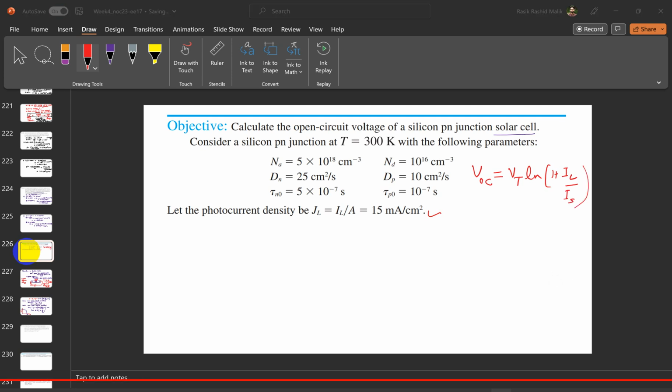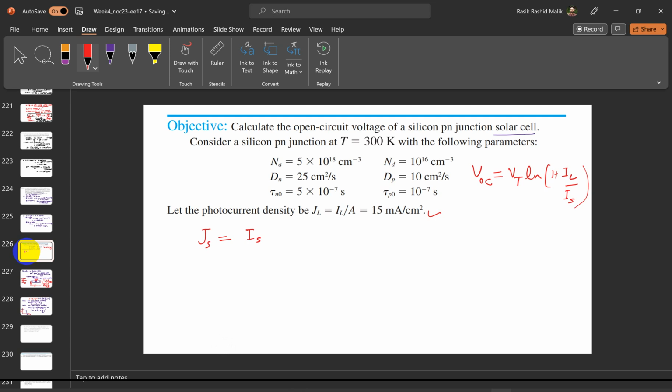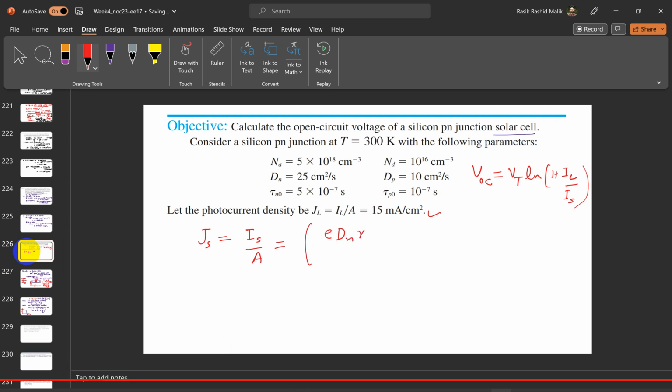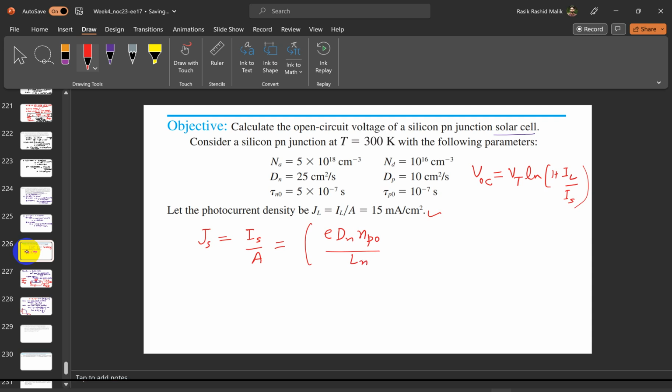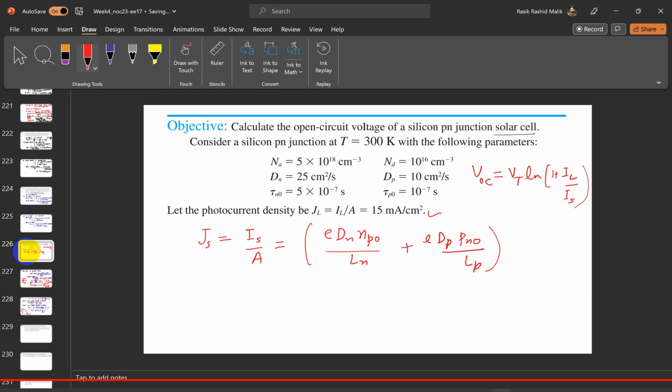So you might know that the reverse saturation current density Js, which is nothing but IS by the area of the junction, is E Dn np0 divided by Ln plus E Dp pn0 divided by Lp, which we have already derived in our previous sessions.